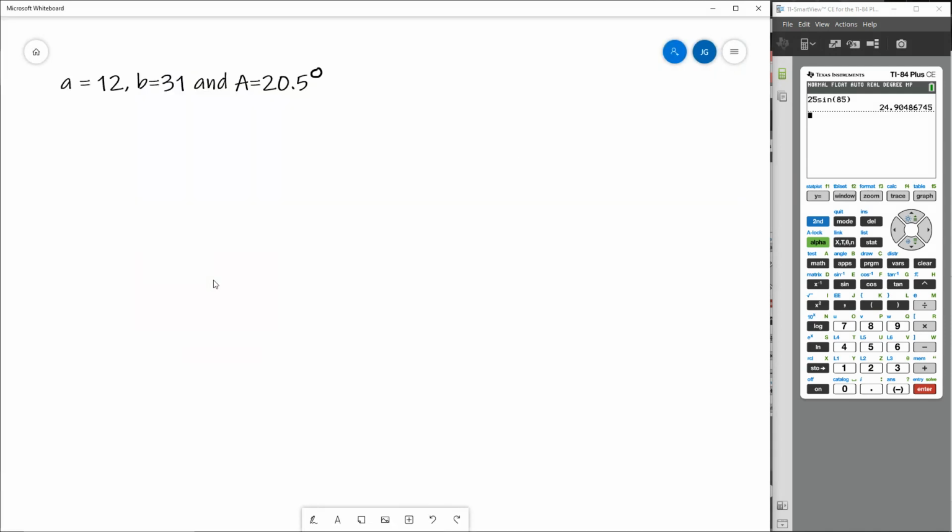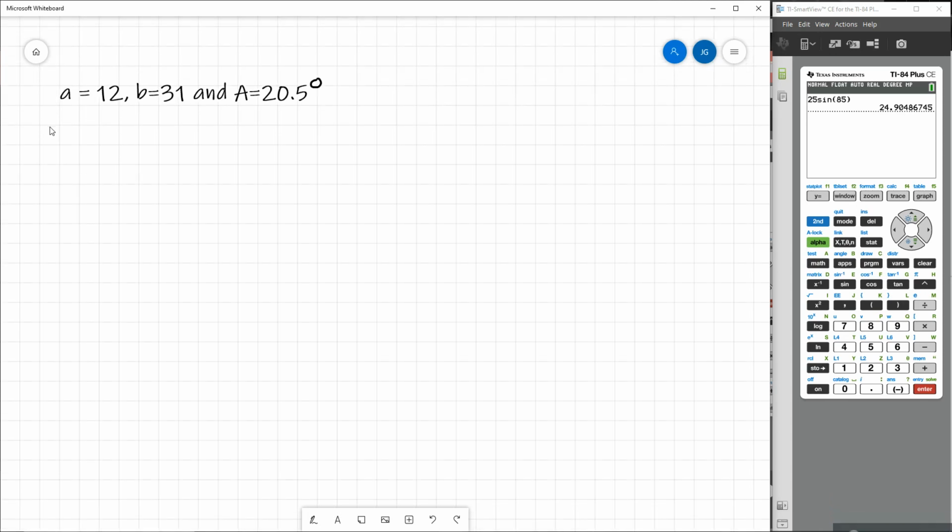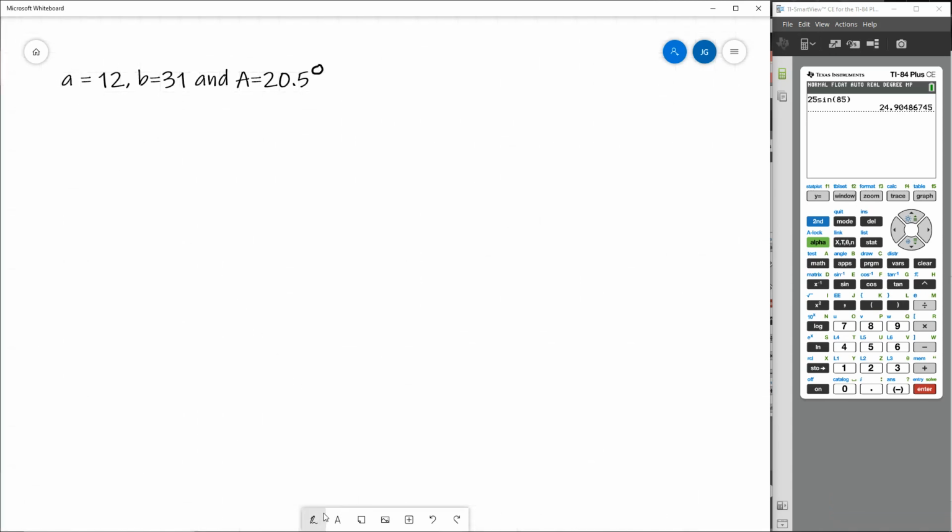Instead, my second problem here is that I have two sides. A is 12, B is 31, and I have an angle A of 20.5 degrees. So again, this 20.5 is an acute angle, so I need to figure out what the height is going to be of this triangle. So H is going to be equal to 31, which is my value for B, times the sine of 20.5 degrees.